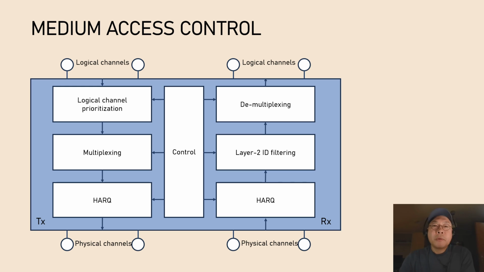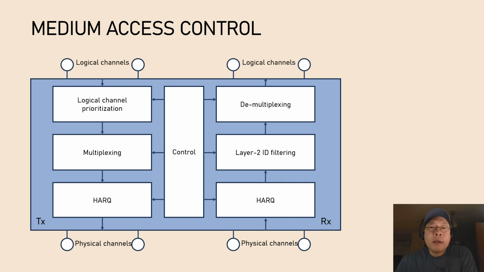This diagram shows the architecture of the MAC layer. On the transmission side, data first goes through logical channel prioritization, followed by multiplexing and then HARQ processing before being sent to the physical layer. On the receiving side, the process is reversed. HARQ handles retransmissions.